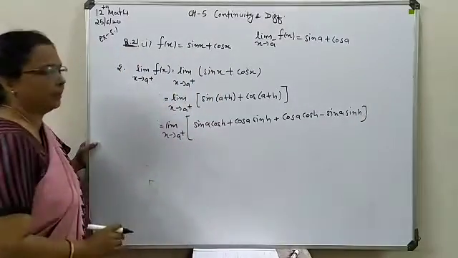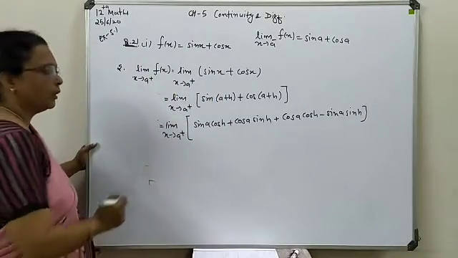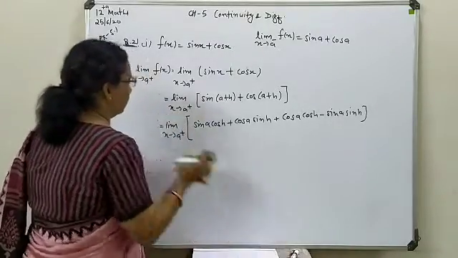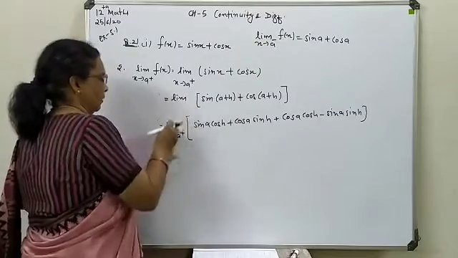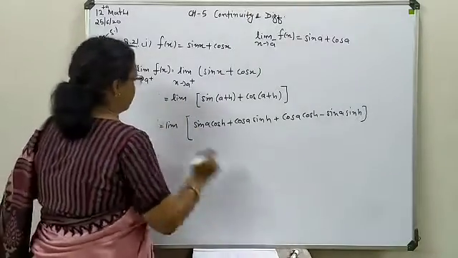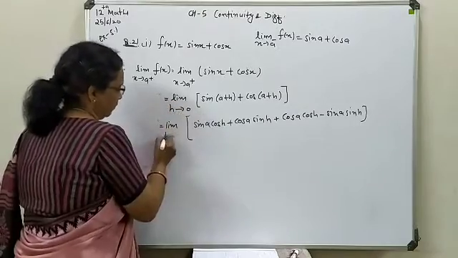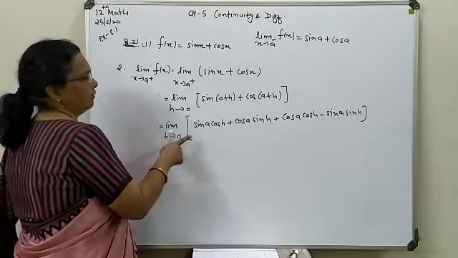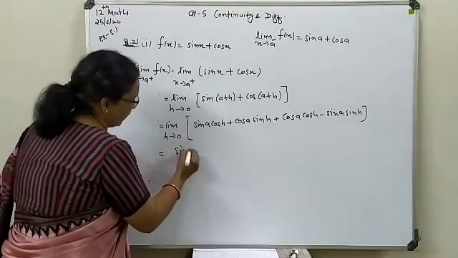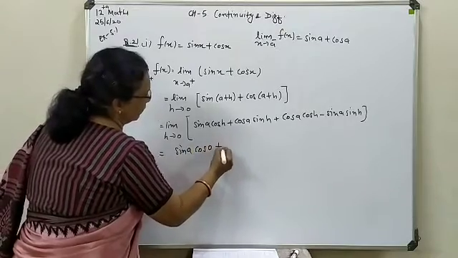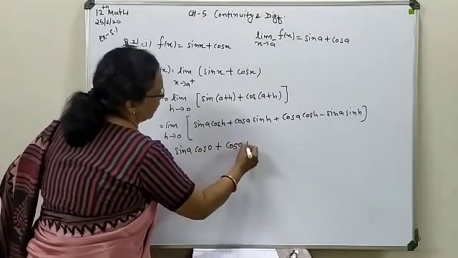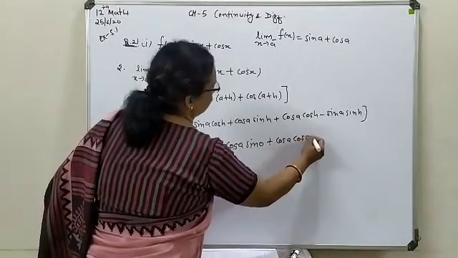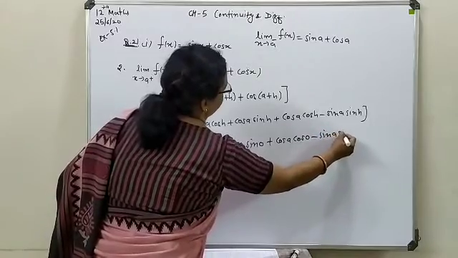Here again, everywhere in place of h you will substitute h as 0. Here we have to make a change of the limit. As we have substituted the h form, this h is to be written as 0. Now everywhere in place of h you will substitute 0. So this is sin a cos 0 plus cos a sin 0 plus cos a cos 0 minus sin a sin 0.